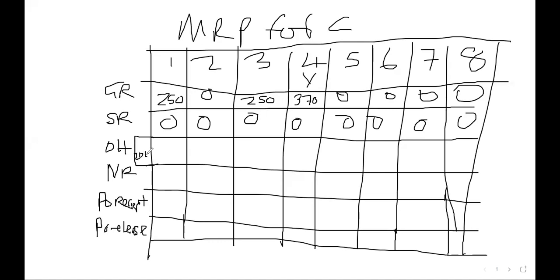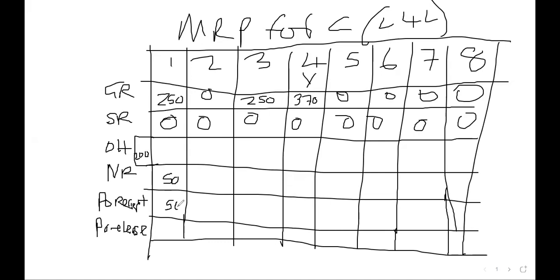And then we are using lot for lot. So here we have 200 to meet that. The net requirement is 50, meaning that we order the same 50.